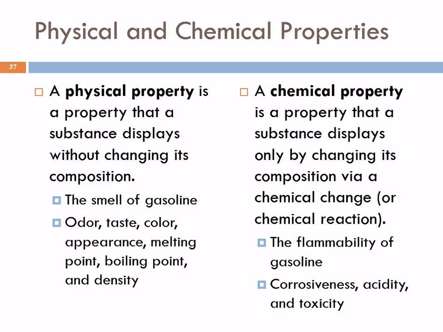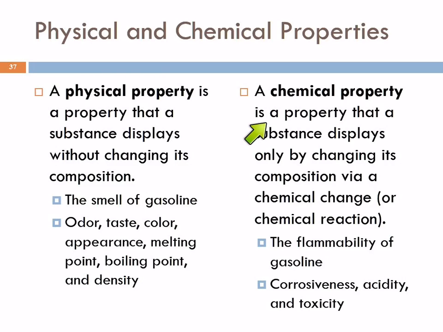If I take my Sharpie marker and I put it on the balance over there and weigh it, does it change what the Sharpie marker is made of? No, it doesn't change it at all. If I observe its color, if I measure its length, find its density, these are all examples of physical properties. The boiling point, the melting point of substances, also physical properties.